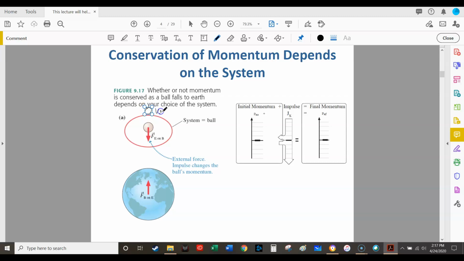So it's got an initial velocity that is 0 and an initial momentum that is 0, right? Well, now, if your system, now you bring the Earth out into play outside the system. Well, now the Earth is going to act on the ball and give it a force down. It's going to give it a force. In other words, it's going to give it an impulse, right?